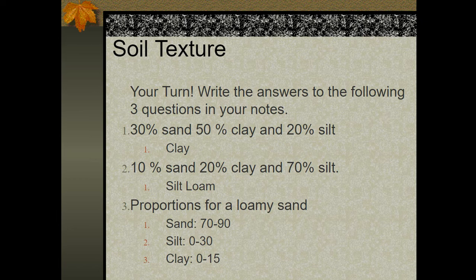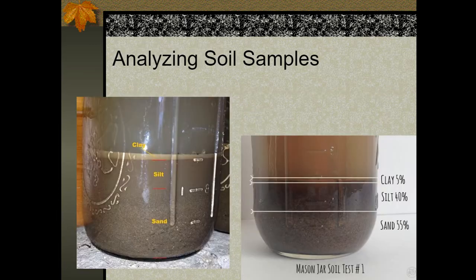But I could have numbers in between each of these. So it could be 75% sand and 10% silt and 15% clay because that equals my 100%. Okay? So hopefully those made sense. Hopefully you got a little bit of practice.